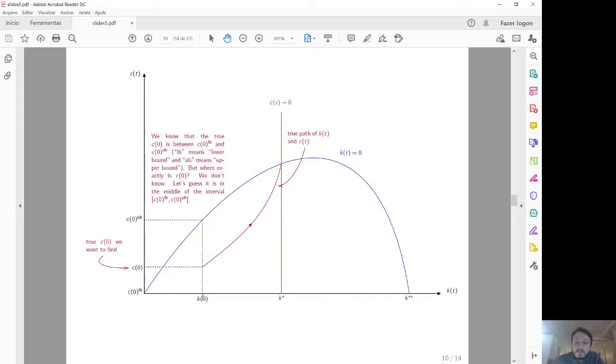And then the obvious lower bound is 0. So an initial lower bound for consumption is that the initial consumption must be greater than 0. Okay, so the real initial consumption, the true one we want to find, lies somewhere between the upper bound and the lower bounds of consumption.